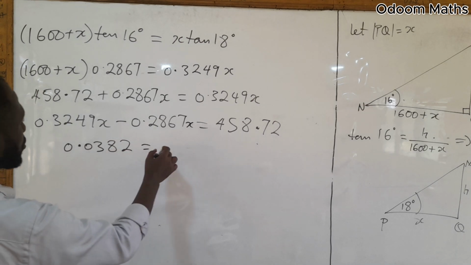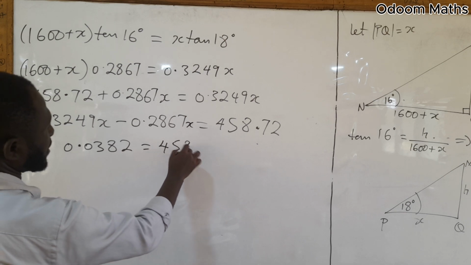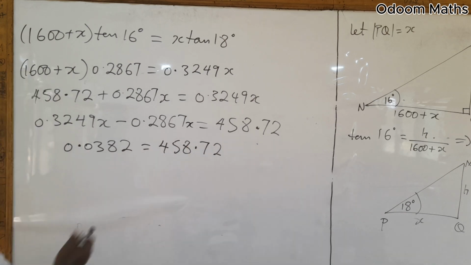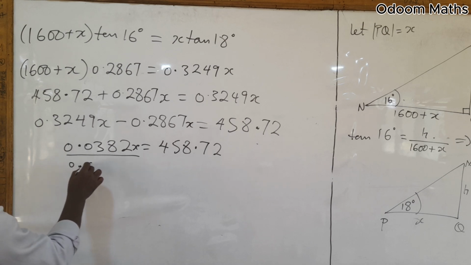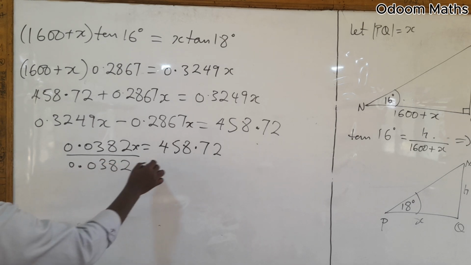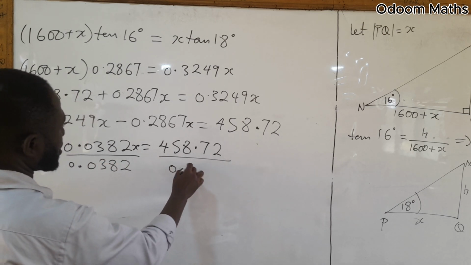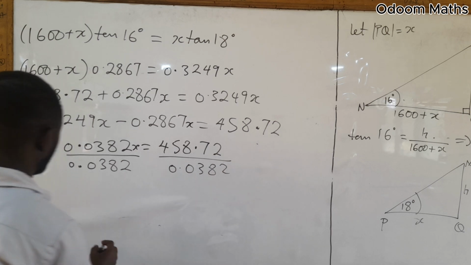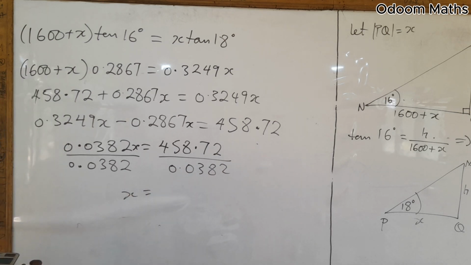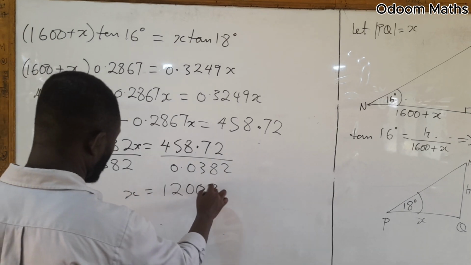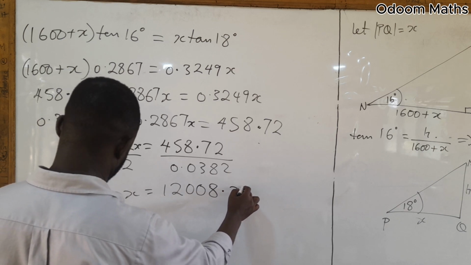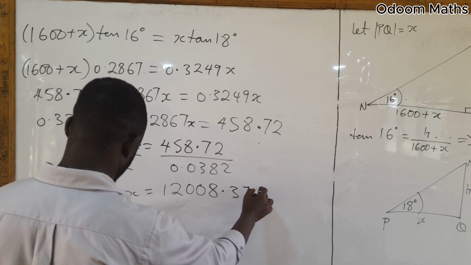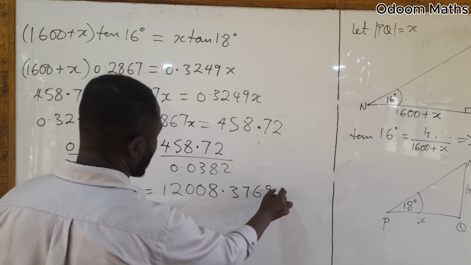Okay, there is x here, so this is going to give me 0.0382x, and this is equal to 458.72. There is x here, so we divide both sides by 0.0382. Okay, so x is going to be 12,008.37696.